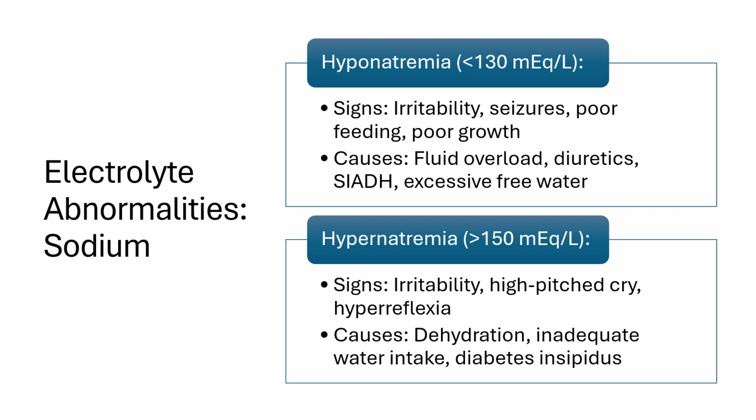Hypernatremia, sodium greater than 150, presents with irritability, high-pitched cry, and hyperreflexia. It's typically caused by dehydration, inadequate water intake, or diabetes insipidus. A key concept to remember is that sodium abnormalities often reflect water balance problems rather than actual sodium excess or deficit. The exam frequently tests your ability to distinguish between the two.